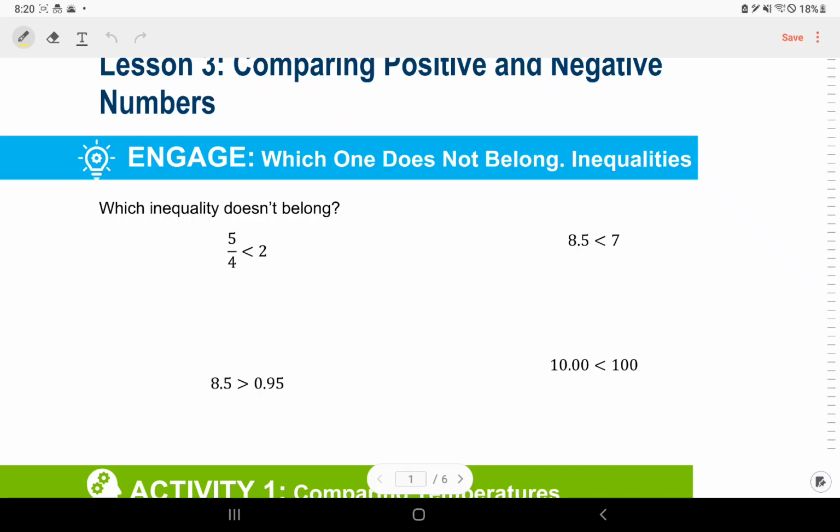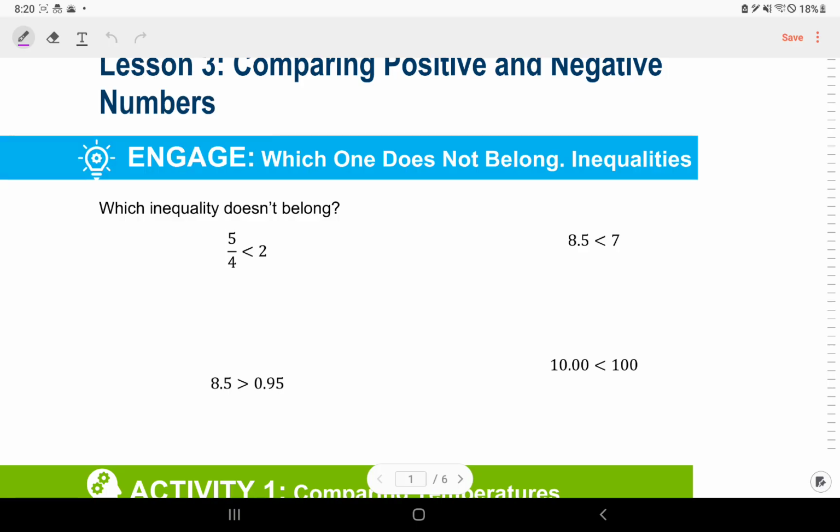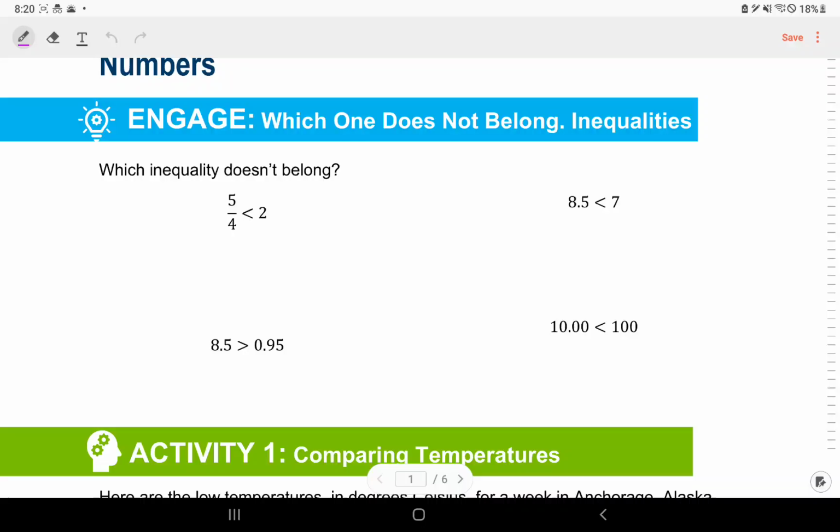Okay. And this is another situation where there's a reason for each one. So this is the only one with a fraction.